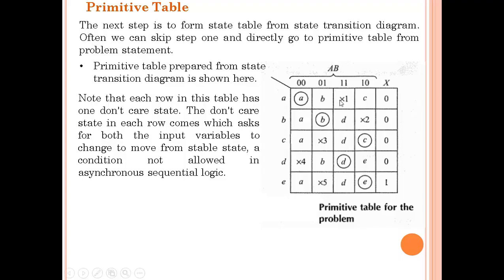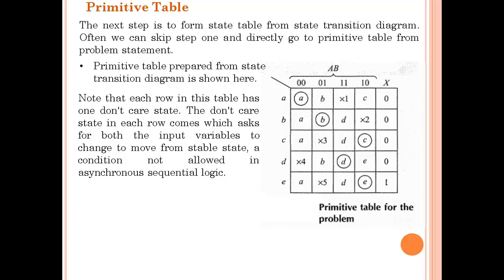Here it changes from 0 0 to 1 1. Here it is 0 1 for B, and here it becomes 1 0. Similarly, here both the inputs will change. That's why we have the don't care condition.